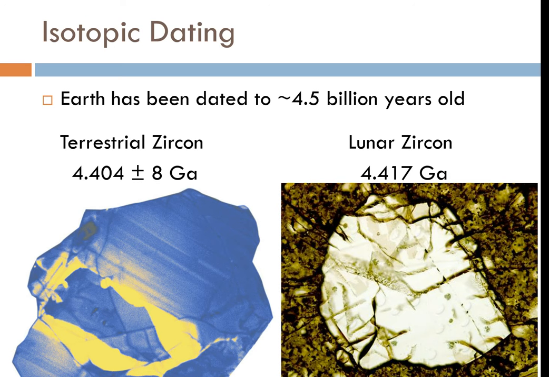Now we know the Earth is about 4.5 billion years old, and we can get some dates of materials to help us get there. So on the left is a zircon crystal, so that is a type of mineral. And it has been dated using isotopic dating to 4.404 plus or minus 8 gigaannum. So that Ga means billions of years.